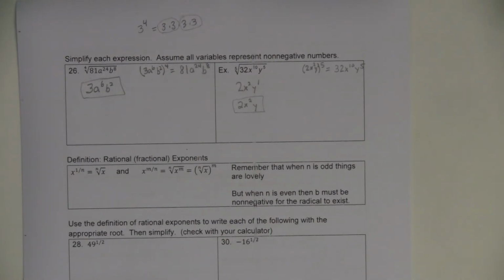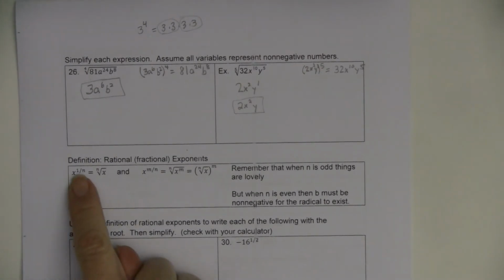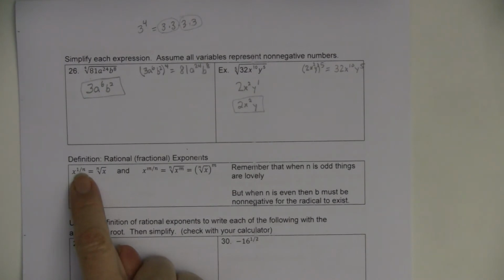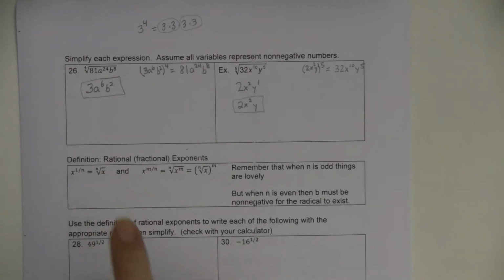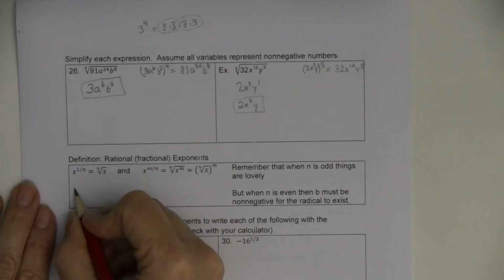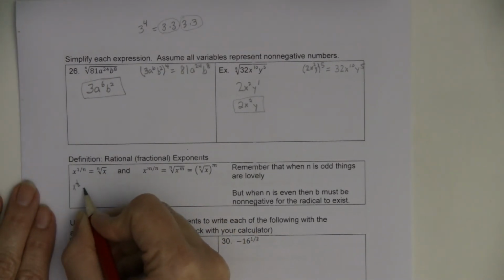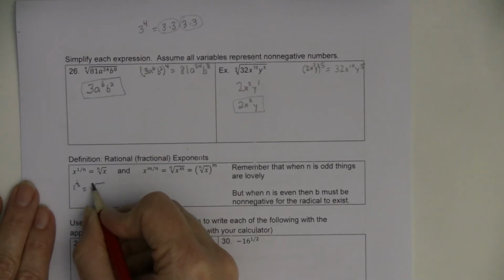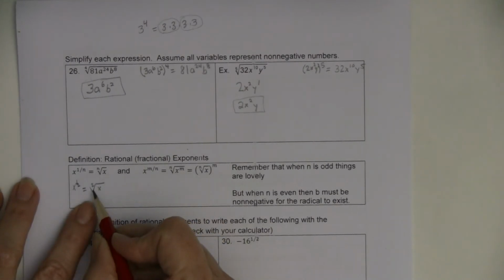And then another definition that they give you, and this is where the fractional exponents come up, is x raised to the 1 over n. So that's a fraction. 1 over n is the nth root of x. And so what this means is x to the 1/2 is equal to the square root. And so in my index would go a 2.